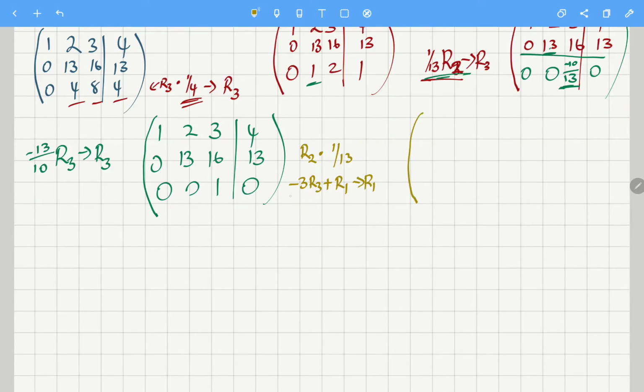Minus 3 times 1 is minus 3, plus 3 becomes 0. Row 2 becomes 0, 1, 16 over 13, 1.